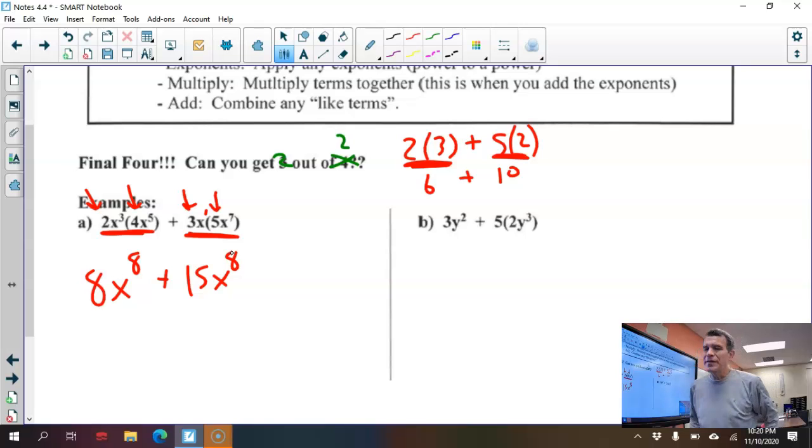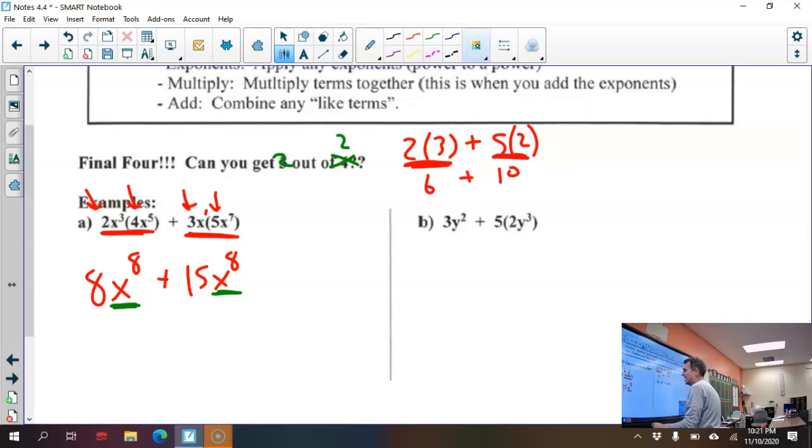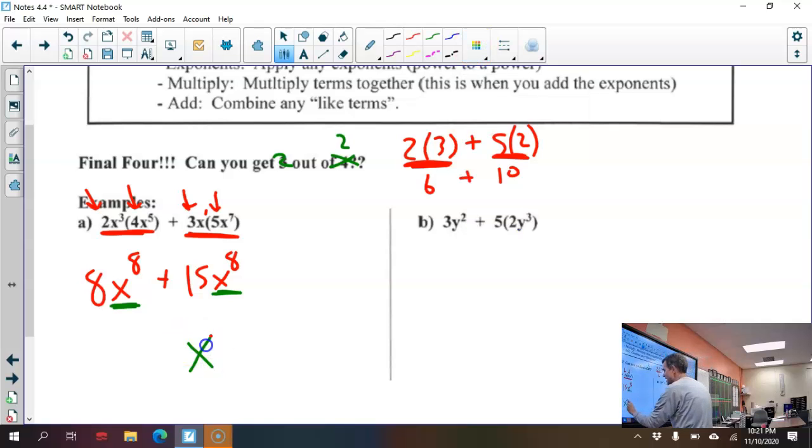Now, these 2 things can be added together. They can be added together because they are like terms. Remember what like terms are. Like terms are terms that have the same variable with the same exponent. So if you have 2 things that are like terms, you can add or subtract them. In this case, I can add them, and when I add them, I keep the x to the 8th.